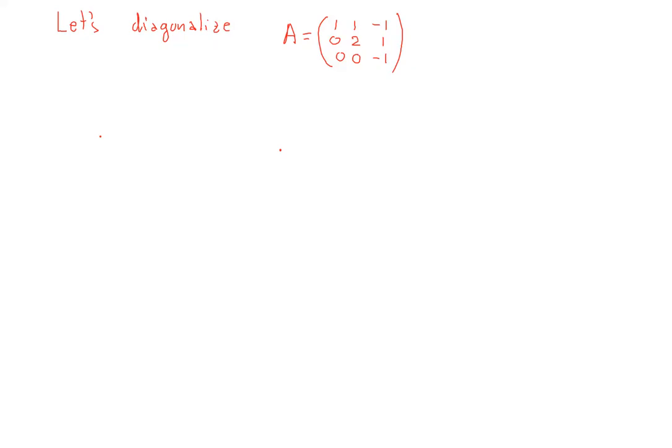So what we need to do is find a matrix P such that P to the negative 1 AP is a diagonal matrix, and we can be very specific.